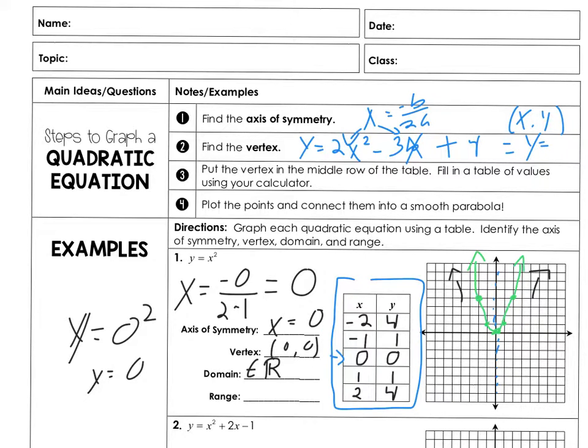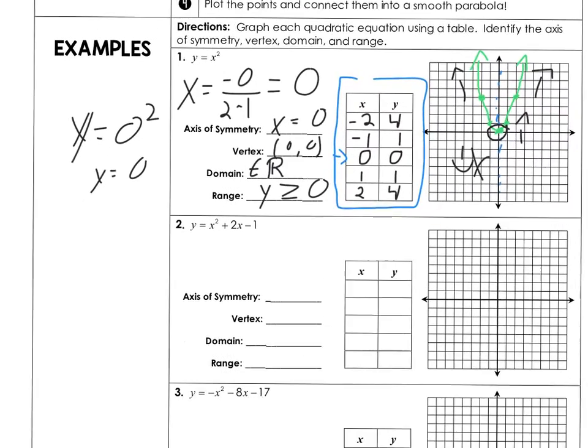And then what about our y values? They start right at 0, and then they only go up. Is it ever going to be anything less than 0? No, it's not. So y is greater than or equal to 0. Okay, so that's what we're looking for here. We graph it by hand, then identify the domain and range. And that's what we're going to do for all these examples in your notes today.